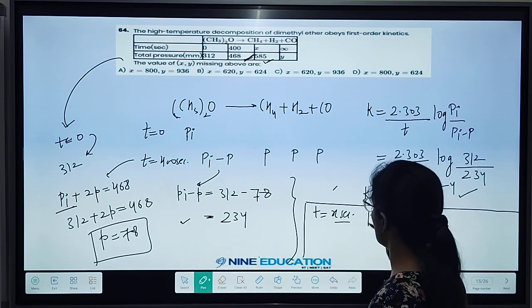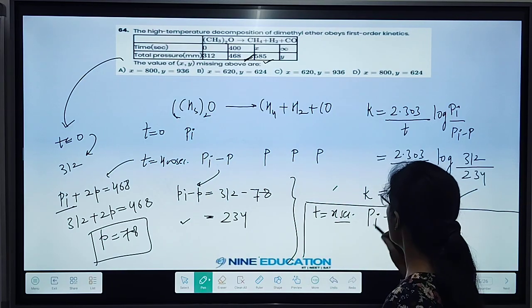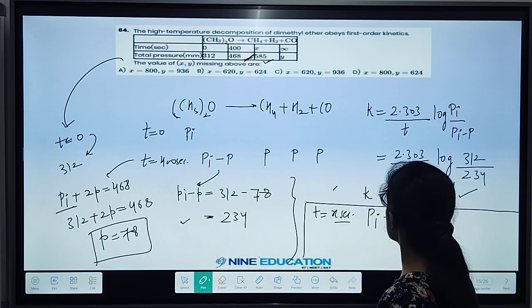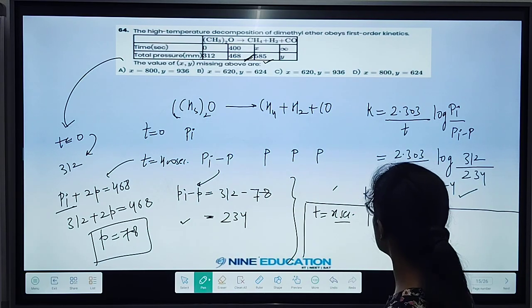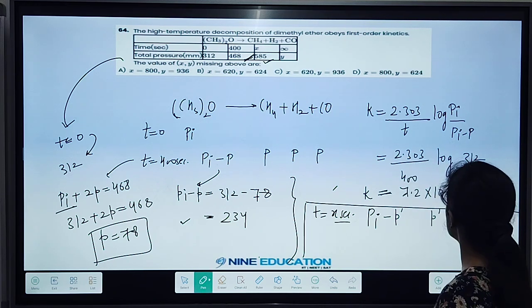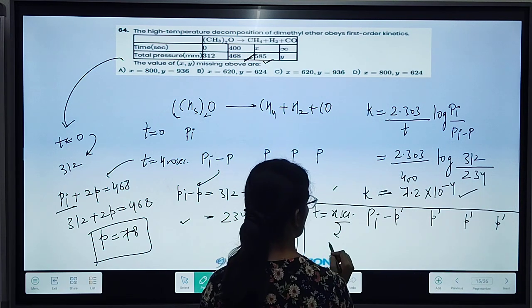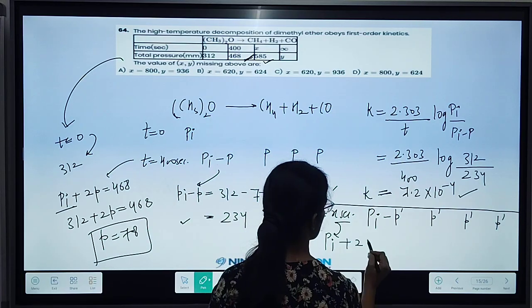Let us say some moles of ether are dissociated, and corresponding to that there will be a decrement of P dash pressure for ether. So Pi minus P dash for ether, and P dash and P dash for the products. So ultimately the total pressure here will be Pi plus 2P dash.